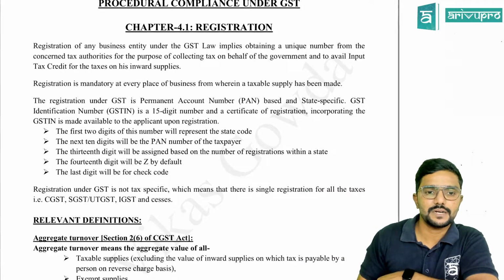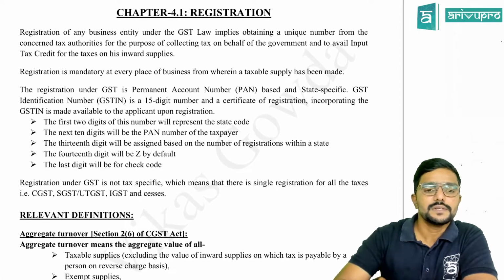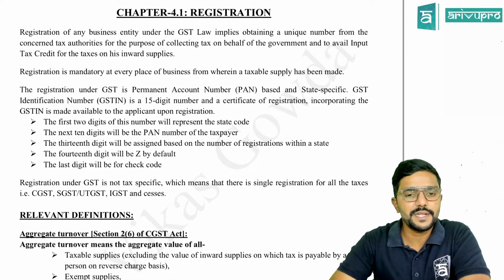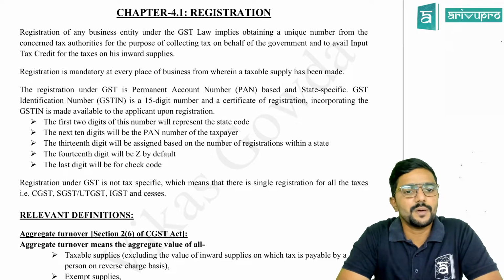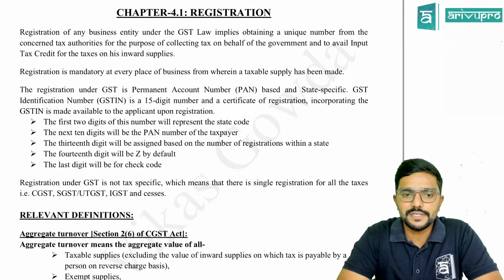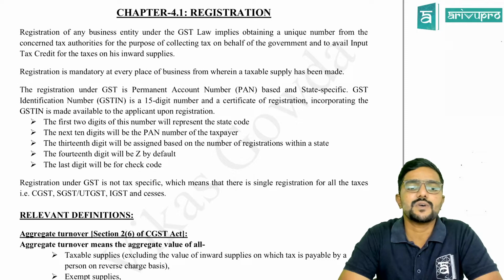Let's start. Registration of any business entity under GST law implies obtaining a unique number from the concerned tax authorities for the purpose of collecting tax on behalf of the government and to avail input tax credit for the taxes on his inward supply.